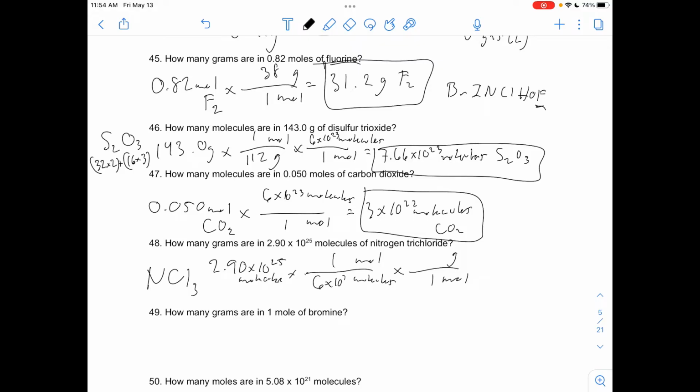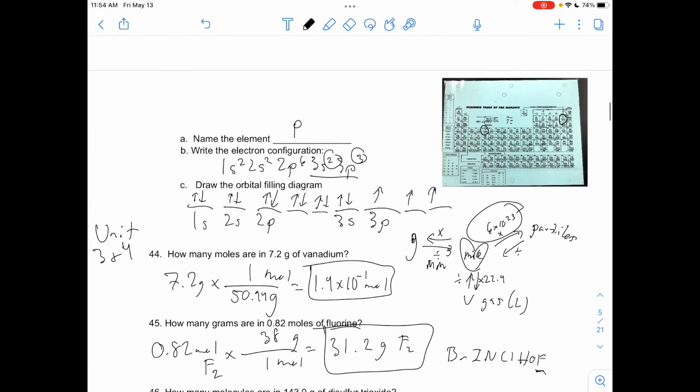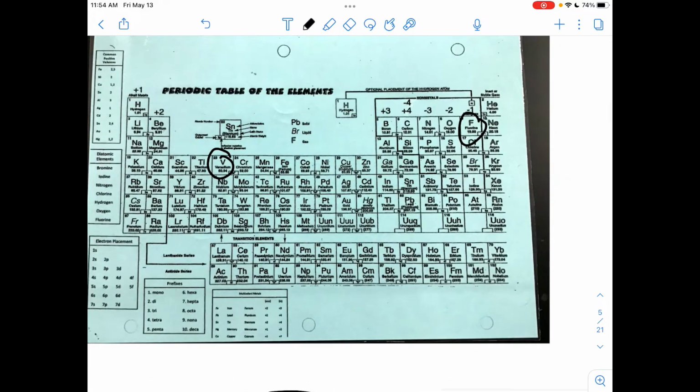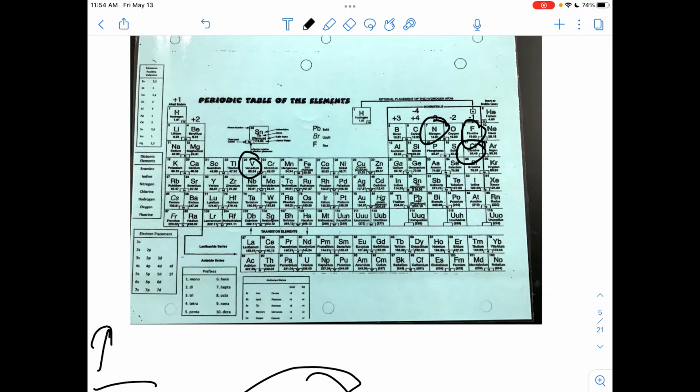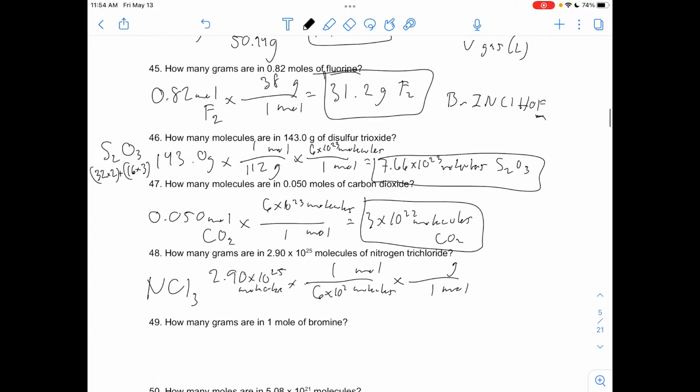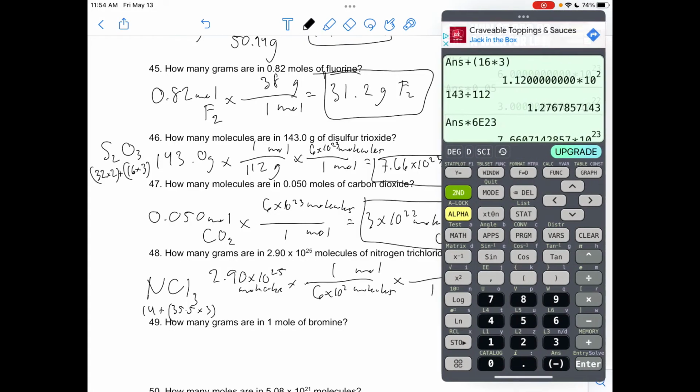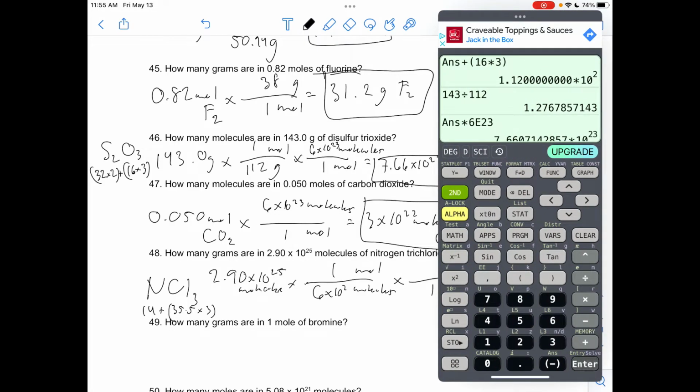In 1 mole, there's 6 times 10 to the 23rd molecules. And then again, I've got to find the molar mass of NCl3. So N is 14, Cl is 35.5. So 14 plus 35.5 times 3 gives me the molar mass.